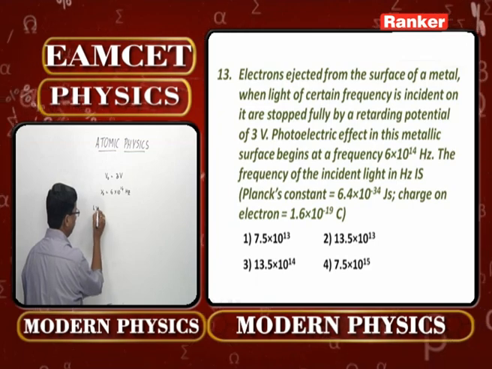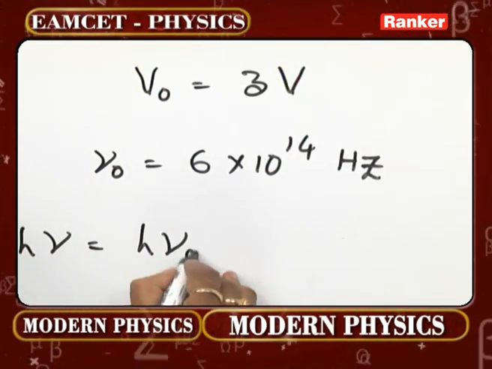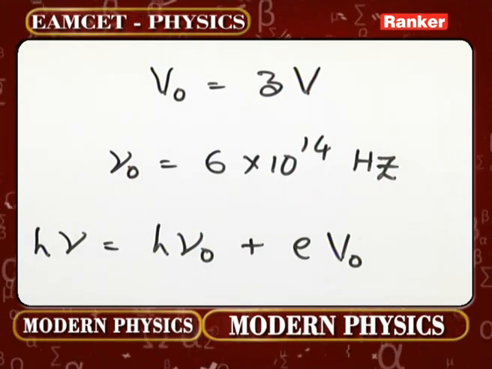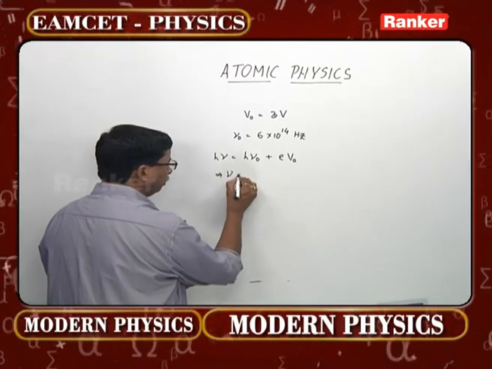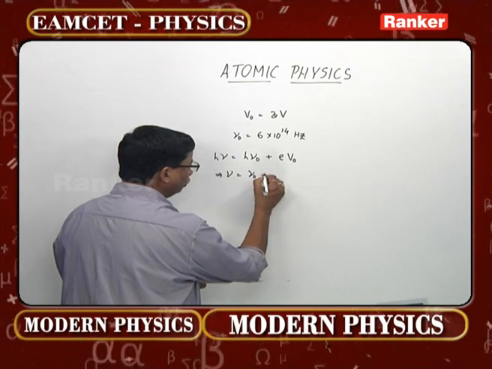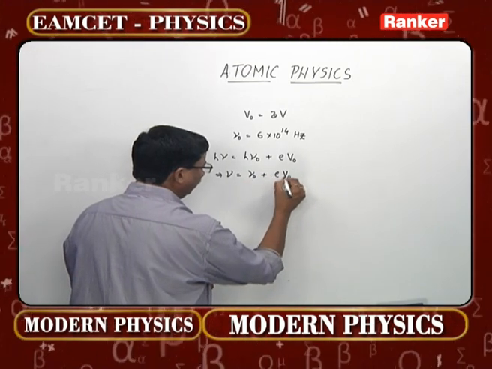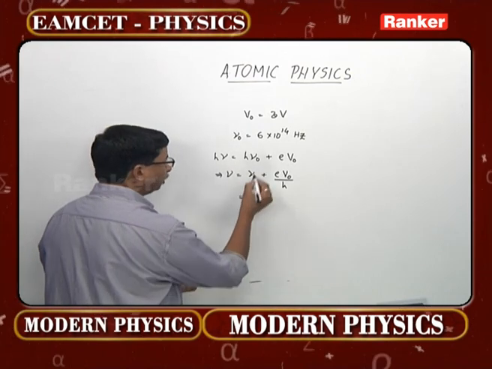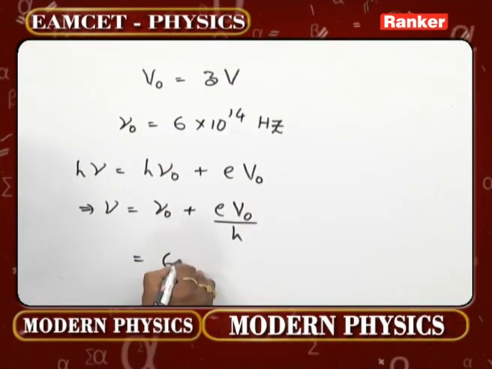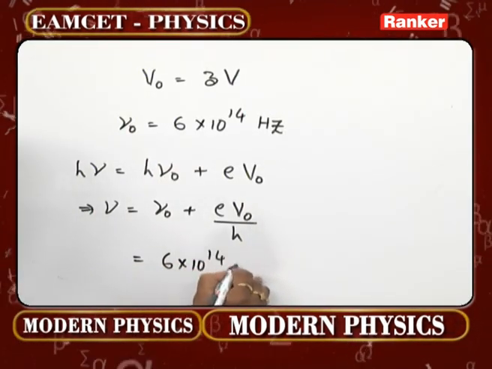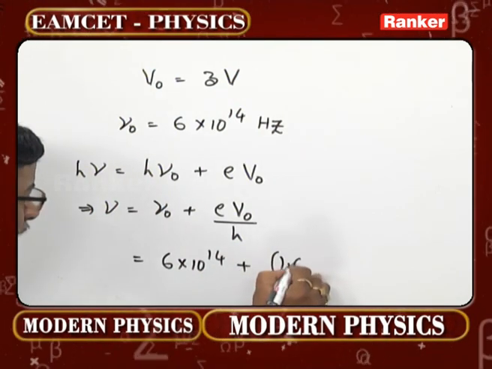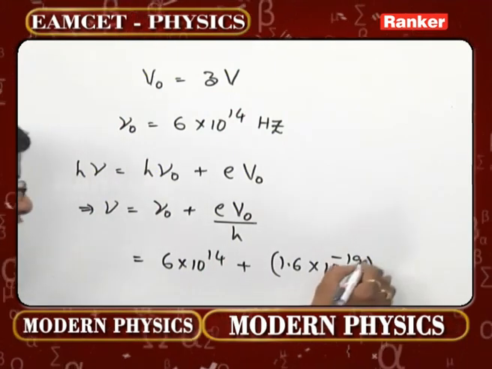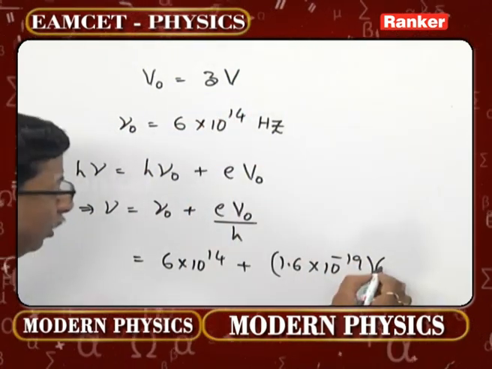So h nu is equal to h nu naught plus eV naught. That is the formula. So what can we write from this? Nu is equal to nu naught plus eV naught by h. What is nu naught given? You see here 6 into 10 to the power 14 plus charge on the electron 1.6 into 10 power minus 19 into what is V naught that is given?